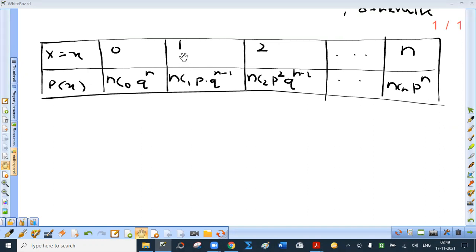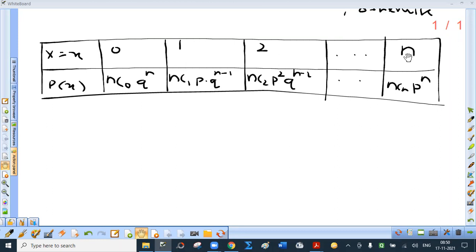Now, one success means the remaining n minus 1 are failures. We do not know whether the first trial results in success or failure, and that is why nC1 p q^(n-1). For 2 successes, nC2, p into p, and the remaining n minus 2 failures, q into q into q, n minus 2 times.